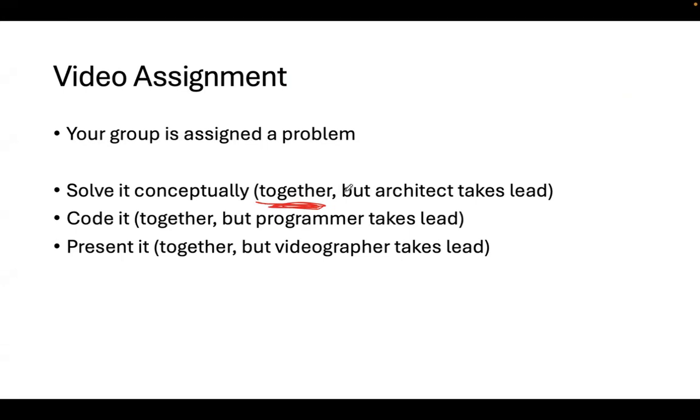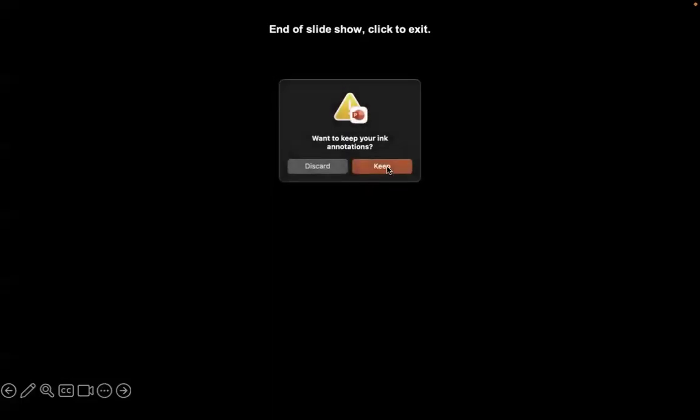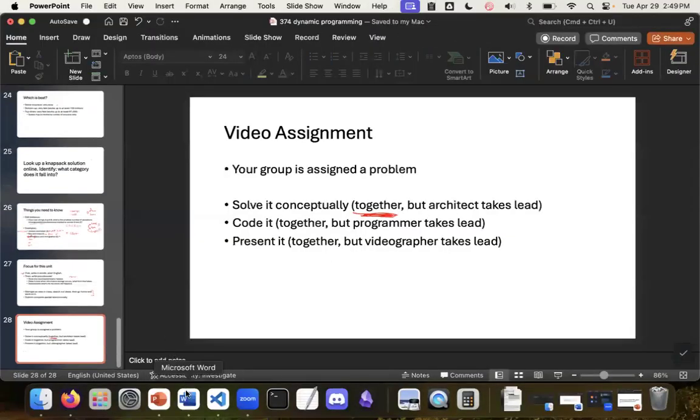So start this early once I assign you a problem and meet, go to a whiteboard, work it out. Does that sound okay? Any questions? Okay. That's what I've got for now.